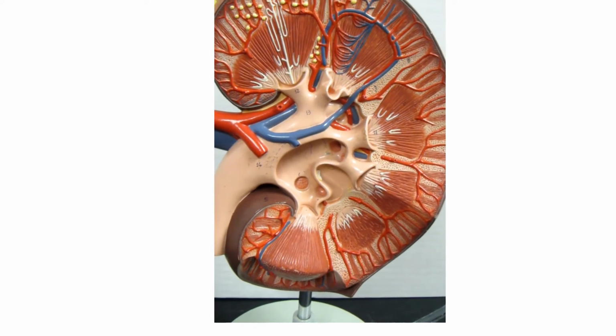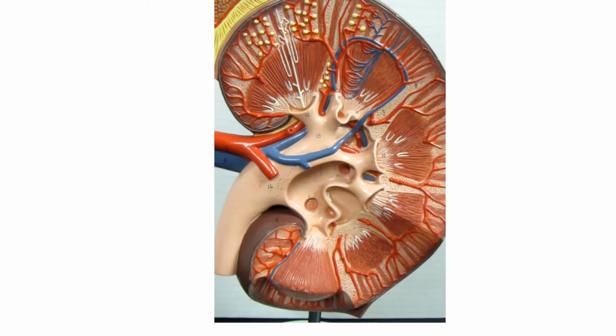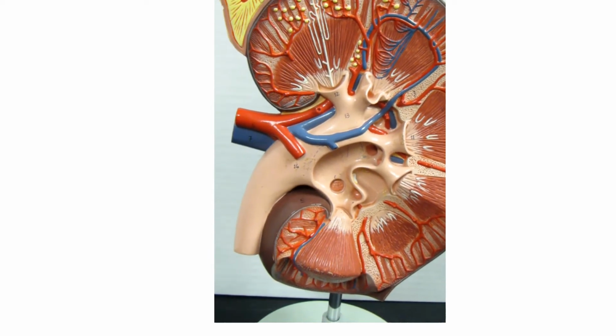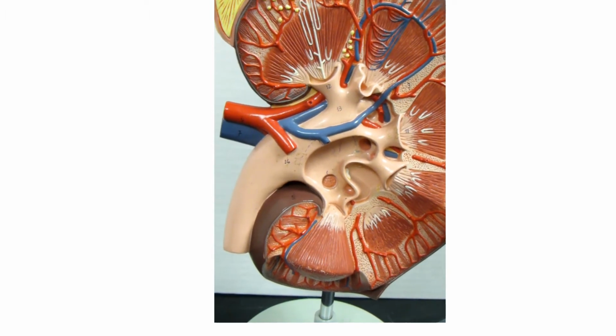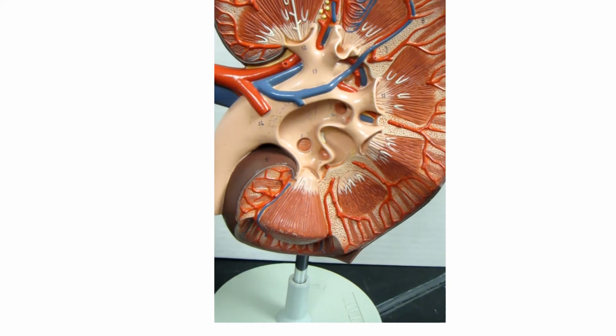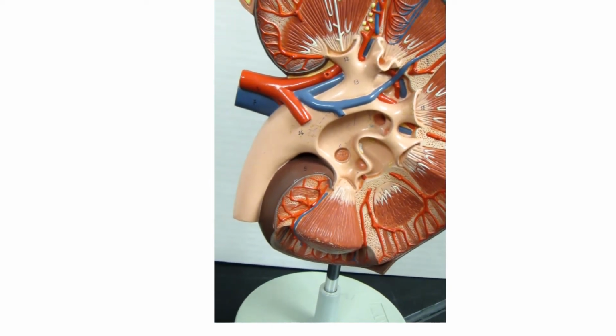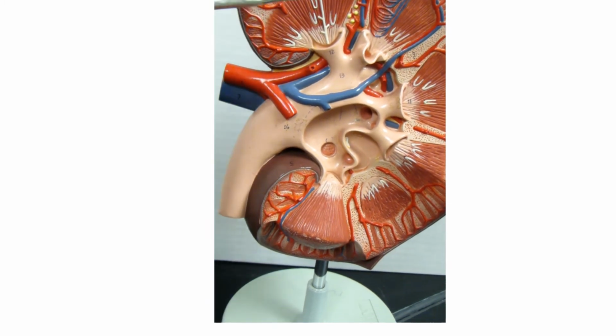These structures, the cortex, the renal pyramid, the columns, and the papilla are all in charge of making and then collecting that urine. Now, when you talk about the plumbing system of the kidneys, we're talking about starting with structures called calyces.